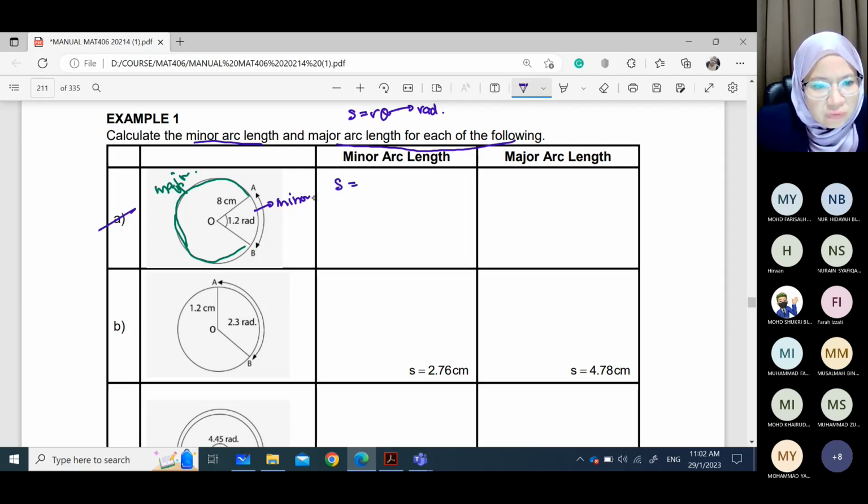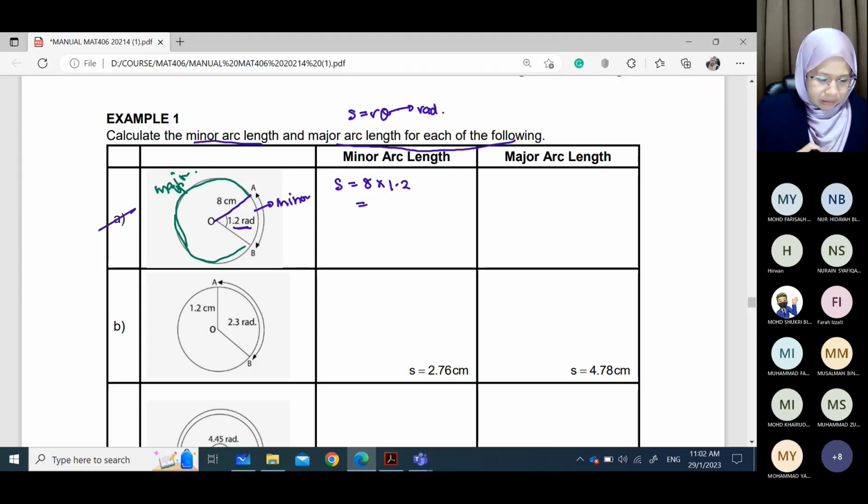So S ataupun arc length bagi AB yang ini adalah R. So radius kat sini adalah 8 cm. So 8 darabkan dengan 1.2 radian. Okay, sebab dia dah dalam bentuk radian, so tak perlu nak convert. So dia punya arc length adalah 8 darabkan dengan 1.2. Okay, so it is about 9.6 cm. Okay, ni length dia untuk minor.